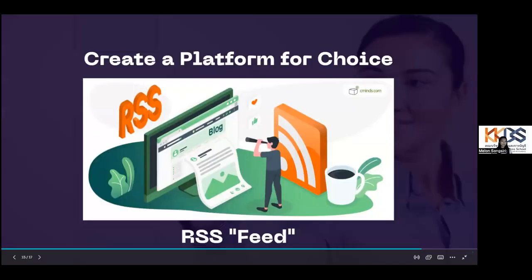Okay, next one is create a platform for choice. One extremely powerful way to generate options for a customized strategy is to use or build a platform for choice.